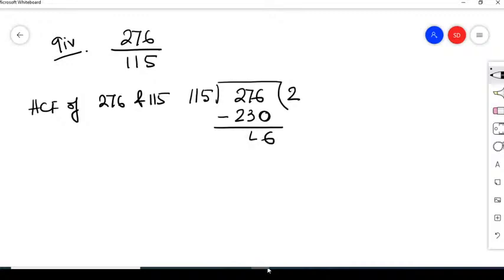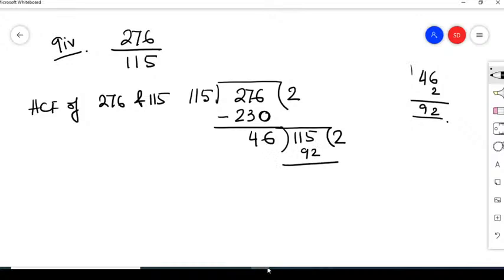This is 46. Then again 115, 46 around. See, 43 is 120. So it should go with 2 then. 12, 92. So 2s are 92. So that is how much?